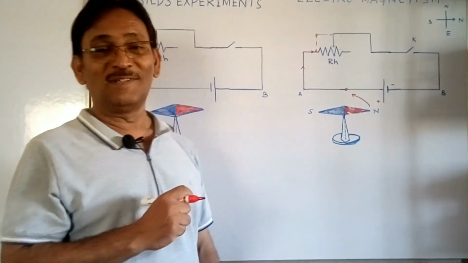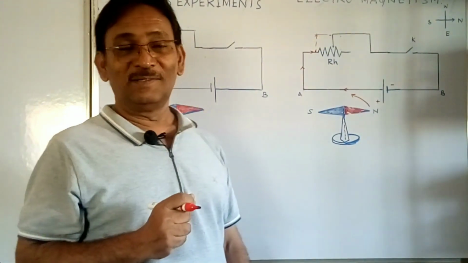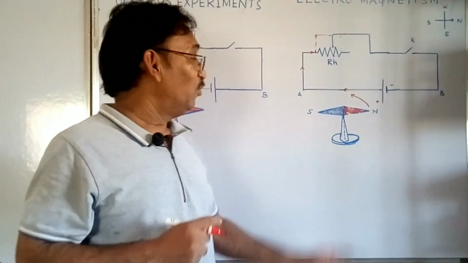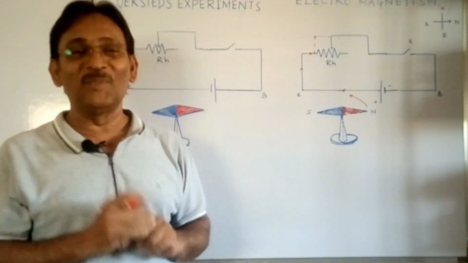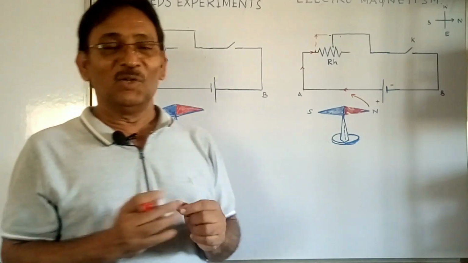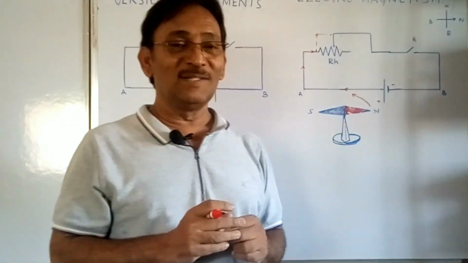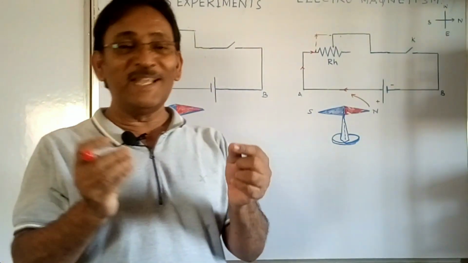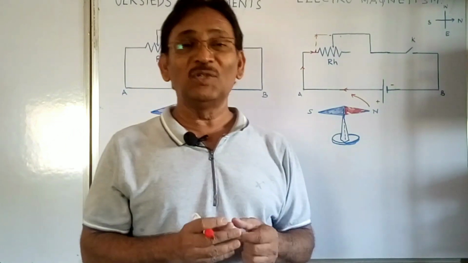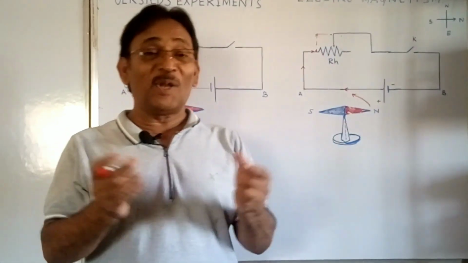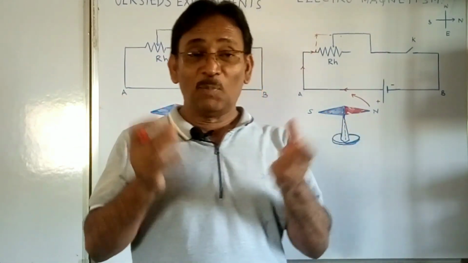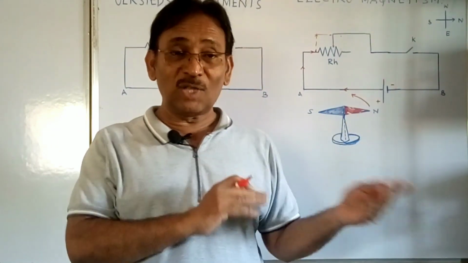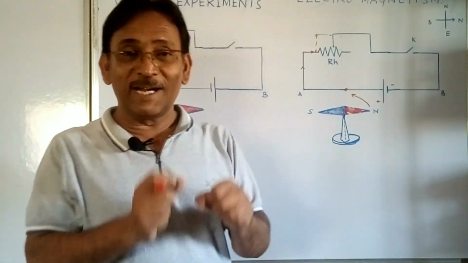He came to a conclusion: whenever current flows through a conductor, something is happening which leads to the deflection in the magnetic needle. What is that something? Here you learn that if you take two magnets and keep similar poles near to each other, they get repelled. If you keep unlike poles, north and south, near to each other, they attract.